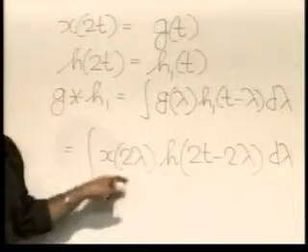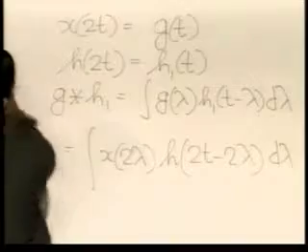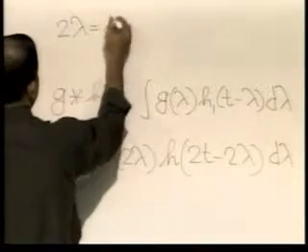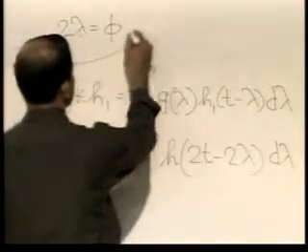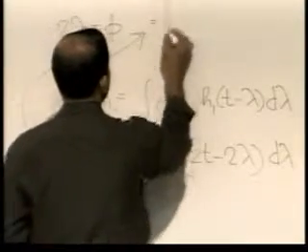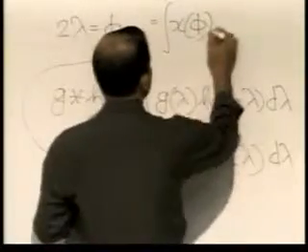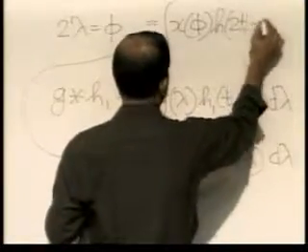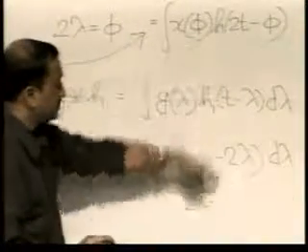Now here we can make a transformation of variable. Suppose we put 2 lambda equal to phi. Then what does this become? This becomes integral x(phi) h(2t minus phi). Now please note, it is 2t minus phi, so you must be careful.